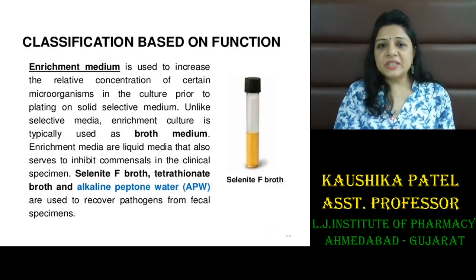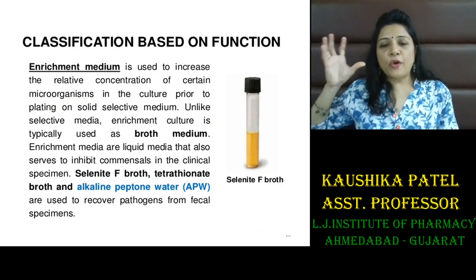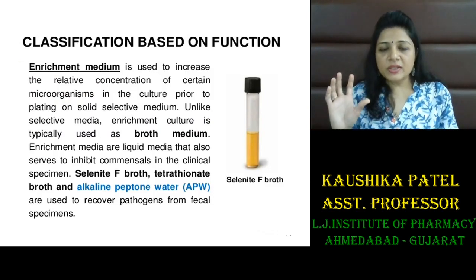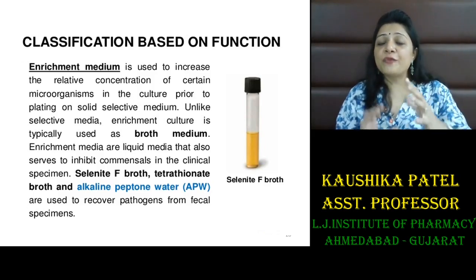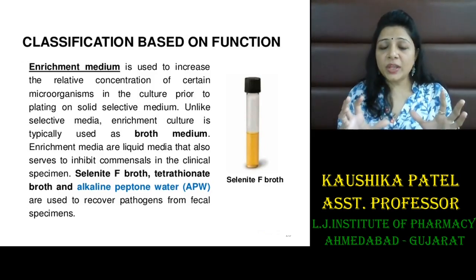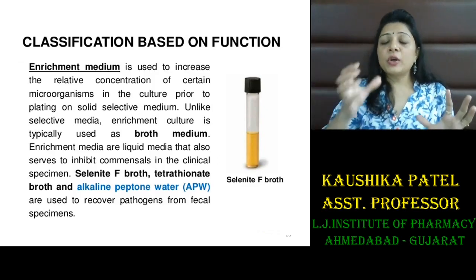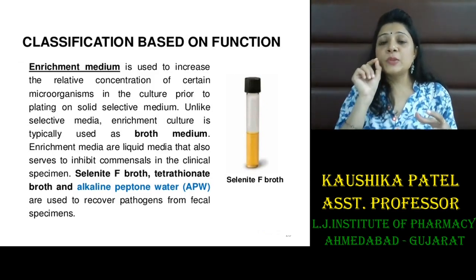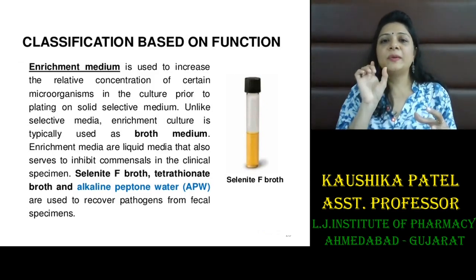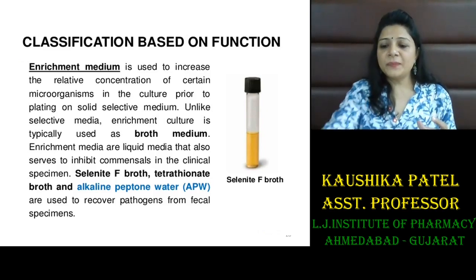This enrichment medium also increases the relative number of a particular species of microorganisms, but it can have an inhibitory effect or a growth-promoting effect. It may increase the growth of a particular organism or it may inhibit the growth of other organisms, so that the particular organism is more in number in that culture medium. This enrichment medium is normally in the liquid form, in the form of broth.